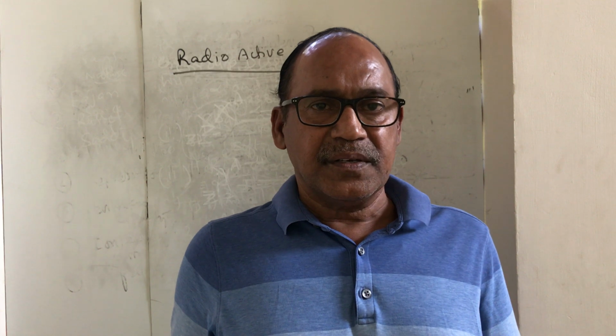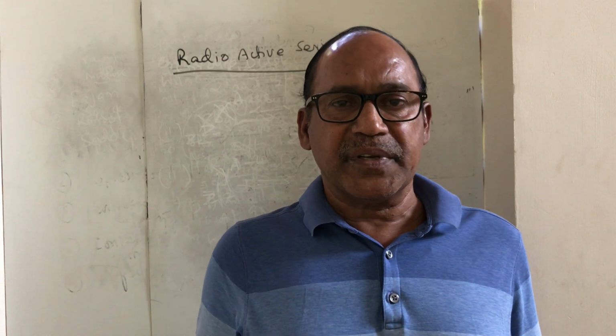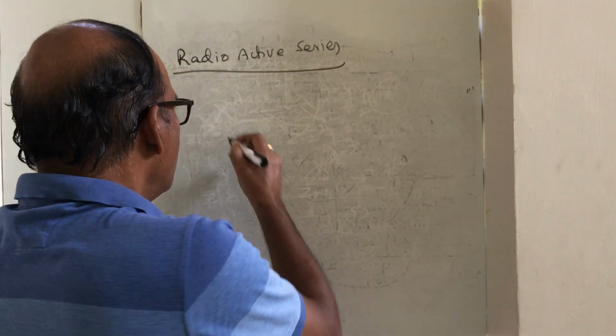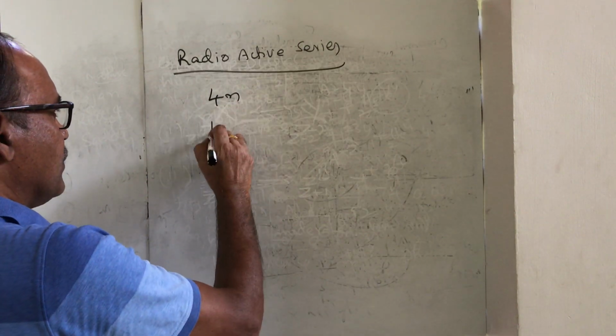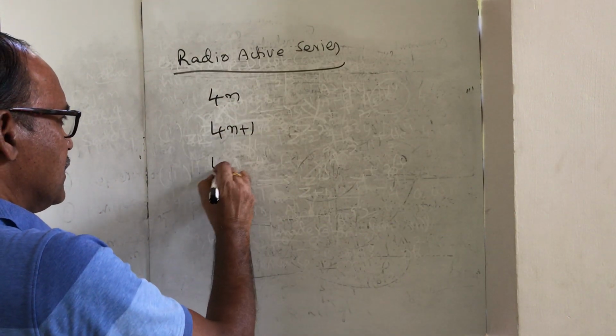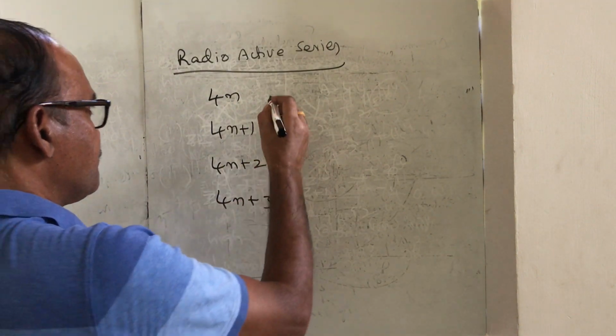Thorium is the 4n series, and neptunium, in this case the remainder is 1, the 4n plus 1 series. In the case of actinium, the remainder is 3, the 4n plus 3 series. So 4 different series: 4n, 4n plus 1, 4n plus 2, 4n plus 3.